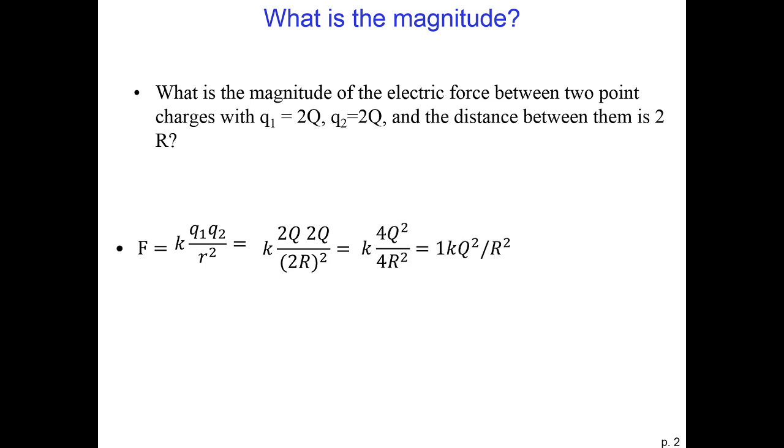And that gets us to k times 4q squared over 4r squared. So we simplify this and we get 1 times kq squared over r squared. Alright, so if we wanted to find the direction, both particles are positively charged, so they will repel each other.